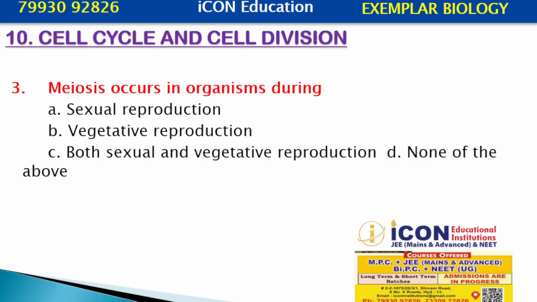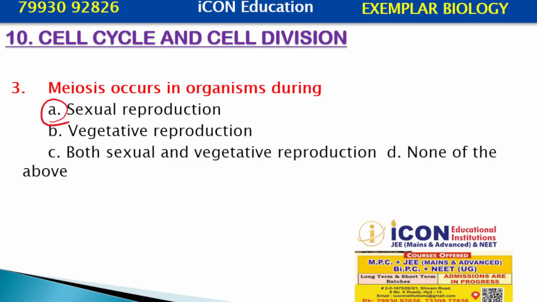So meiosis occurs in organism during sexual reproduction because during sexual reproduction there is an exchange of genetic material which results in variation. Variation leads to evolution. Vegetative reproduction does not show any variation and the cells which are formed are not haploid. So vegetative reproduction is a wrong option.